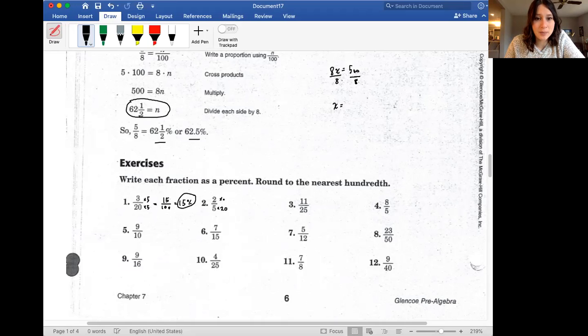If I multiply top and bottom by 20, then I know that the bottom is going to be 100, and 2 times 20 is 40. 40 out of 100 makes this 40%. Okay. 11 over 25. Well, I know that 25 times 4 is 100, so I'm going to do that. 44 over 100 makes this 44%.